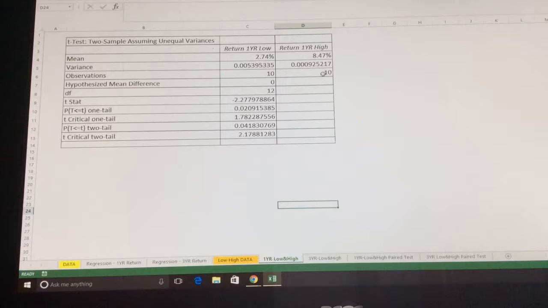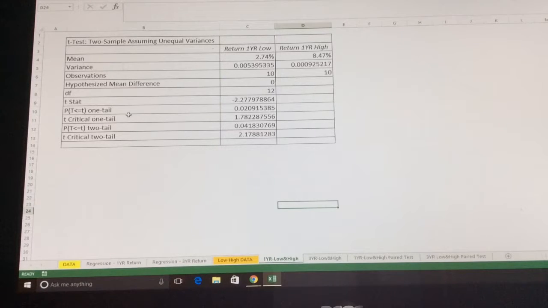We had 10 observations. What we're looking at again is a t-stat above 1.65 or below negative 1.65. So we have a t-stat of negative 2.27. Again, significant. And then we're looking at the p-value.